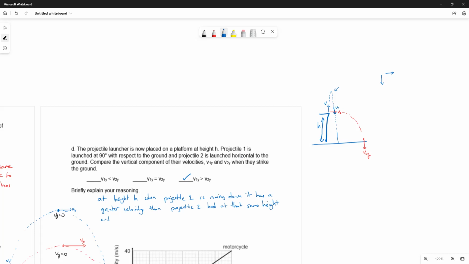And both are accelerated by gravity. So they both speed up towards the ground, but v1 starts with an initial velocity downwards.